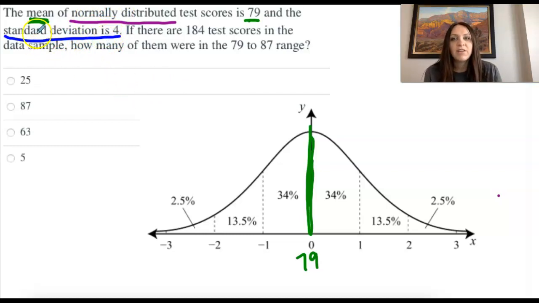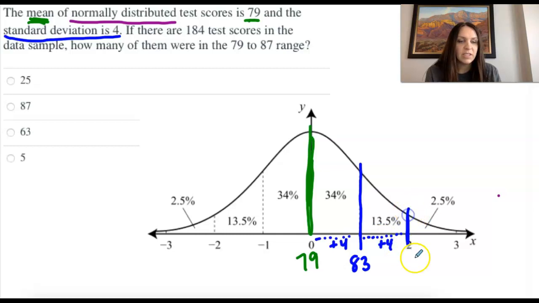So if the standard deviation is 4, that means one standard deviation away, we would add 4. So 79 plus 4, this line would represent 83. And we would keep going. I would add 4 to get to the second line of standard deviation, which is 87.